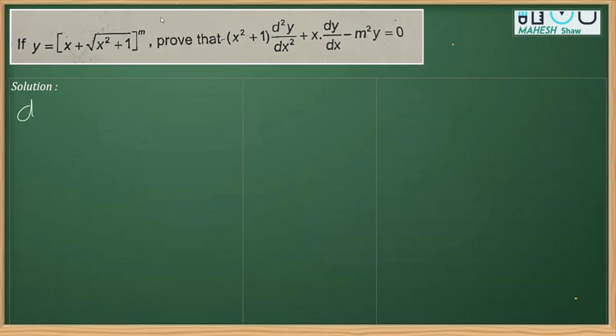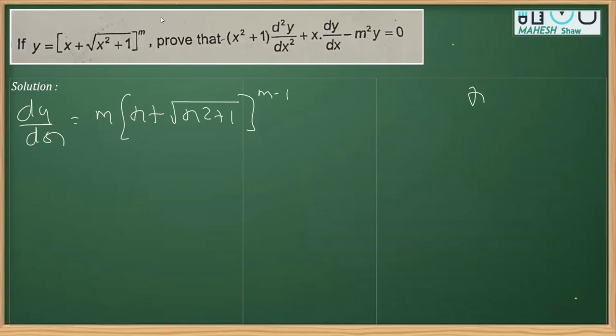So it's going to be dy by dx, and this will give you m times (x plus under root x square plus 1) raised to the power m minus 1. I use the property that the differentiation of x raised to the power n is n x raised to the power n minus 1.